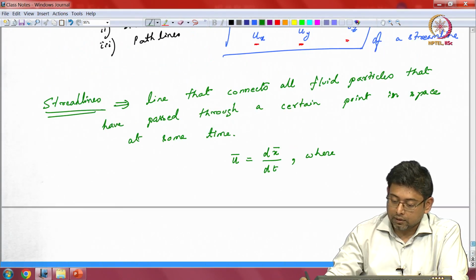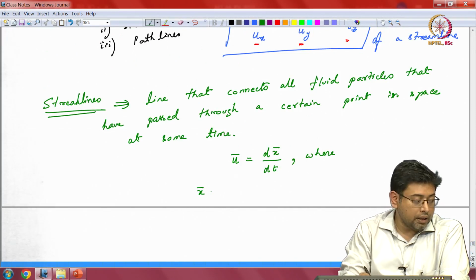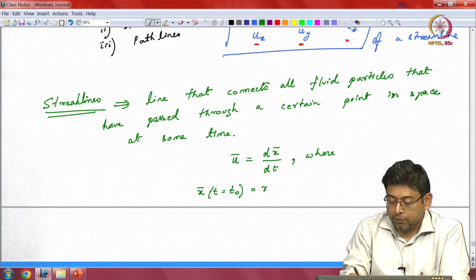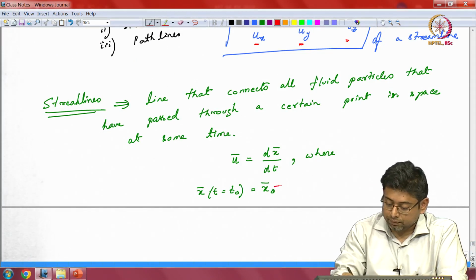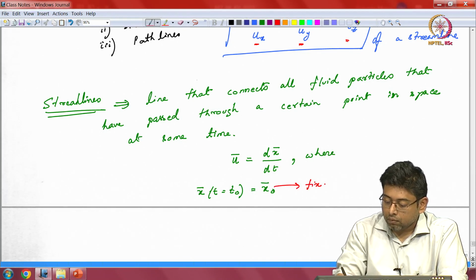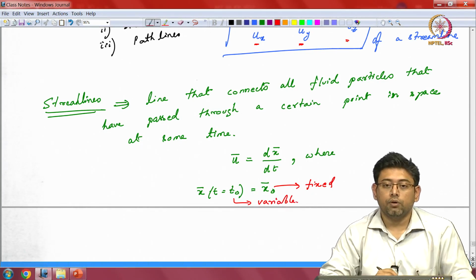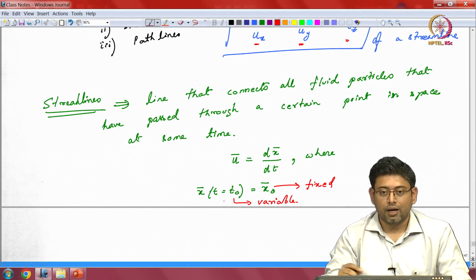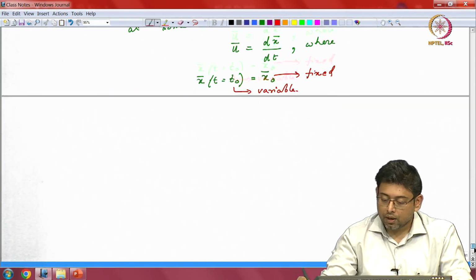So where your x at some t equal to t naught was a specified value called x naught, where x naught is now fixed and t naught is a variable. So by making t naught a variable, you allow for that particle to have passed through x naught at any given point, either in the past or in the future, right. So that's what a streak line is.